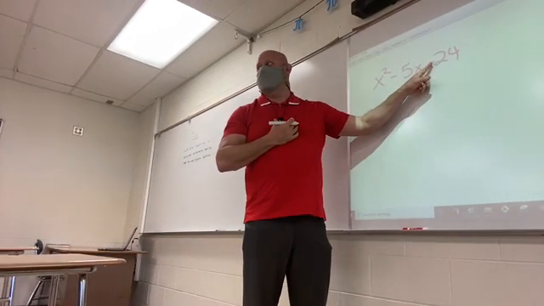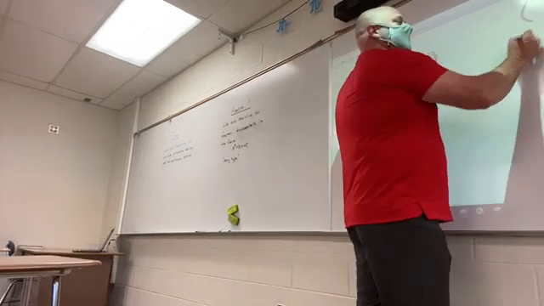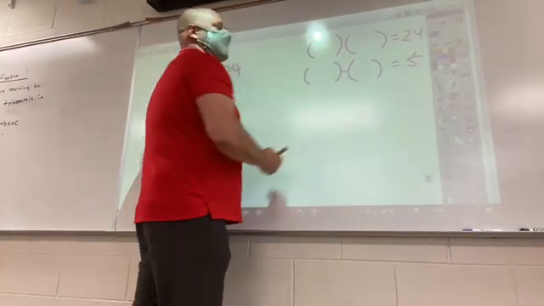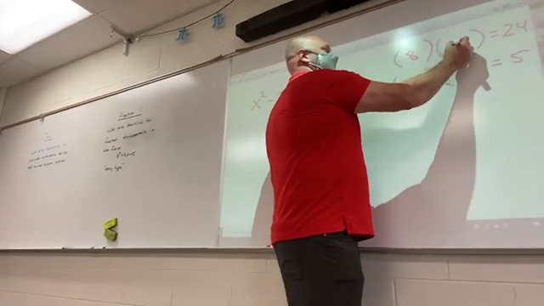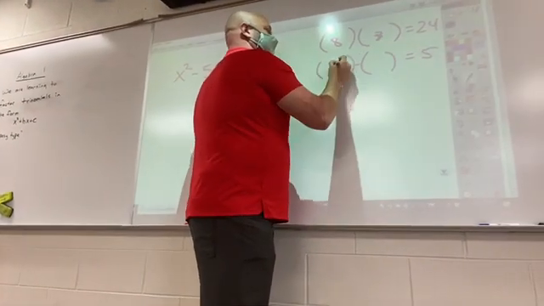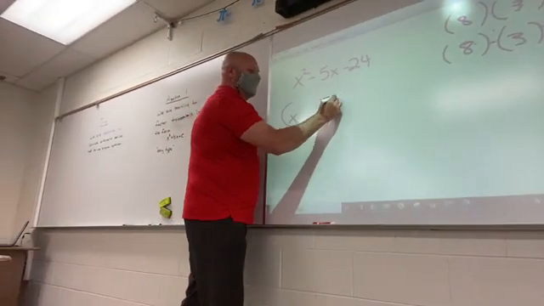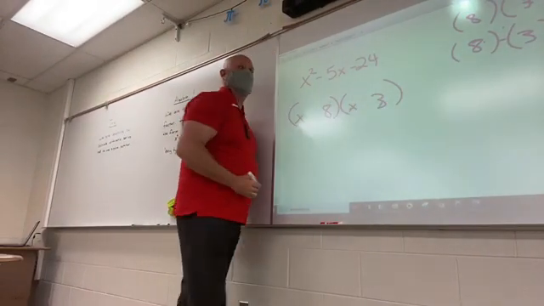This side always tells me, do I add or subtract to the middle number? I'm looking for two numbers that subtract to 5. What are two numbers that multiply to 24 and subtract to 5? 8 and 3. So, I know my answer is x and x, 8 and 3.